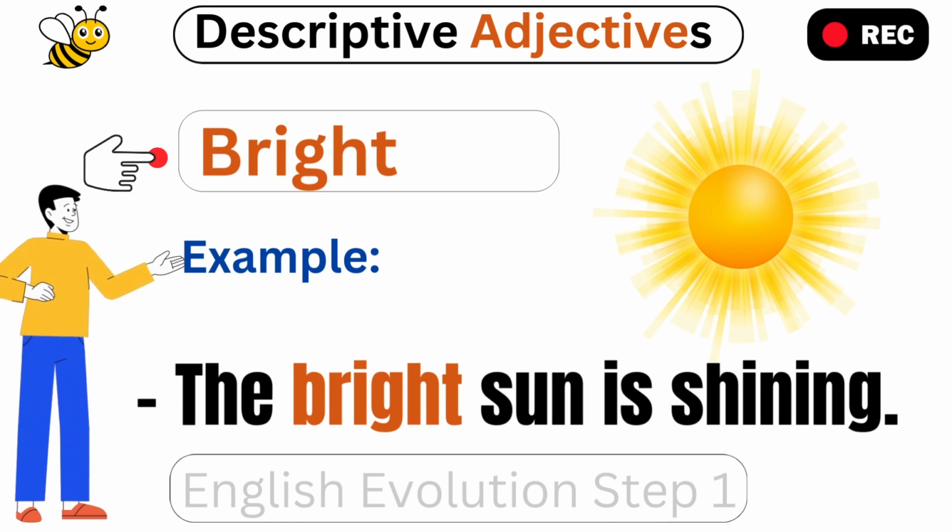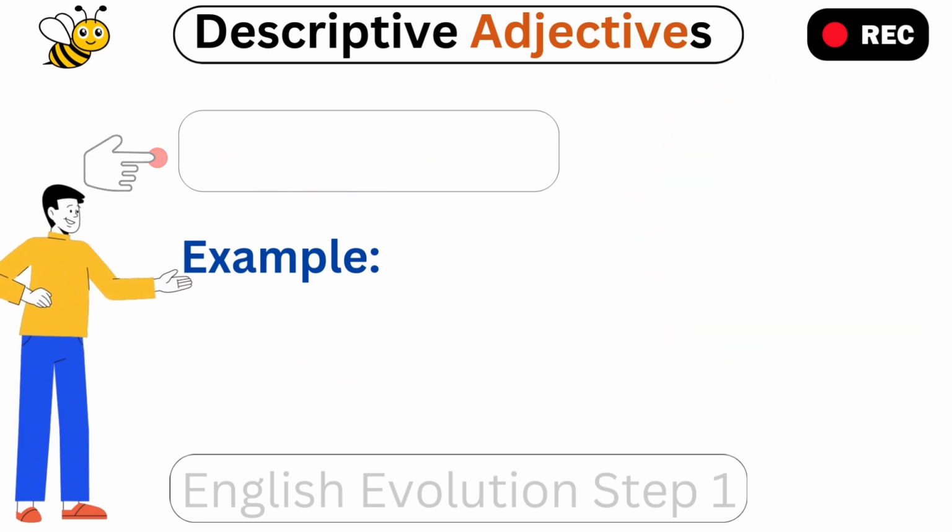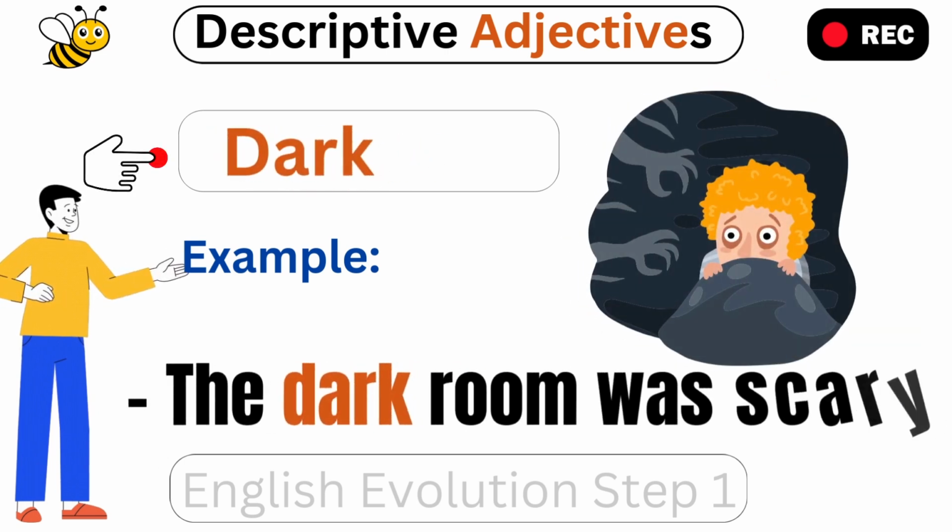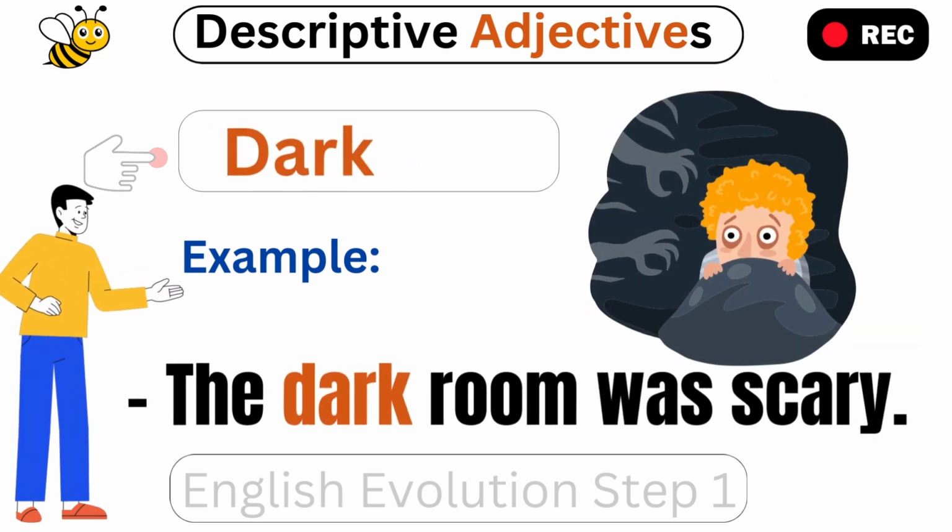Bright. The bright sun is shining. Dark. The dark room was scary.